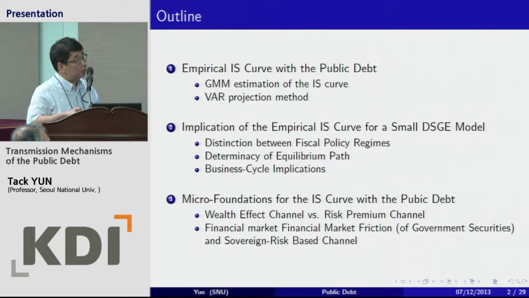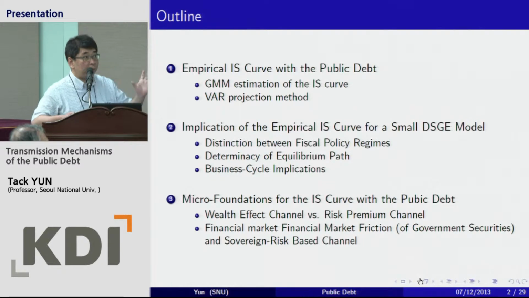So my conclusion is, if I add some kind of financial friction, and the financial friction is dependent on the level of the public debt, then it might be possible for us to have the IS curve with a negative coefficient of the public debt. That is, I think, a brief summary of my paper.